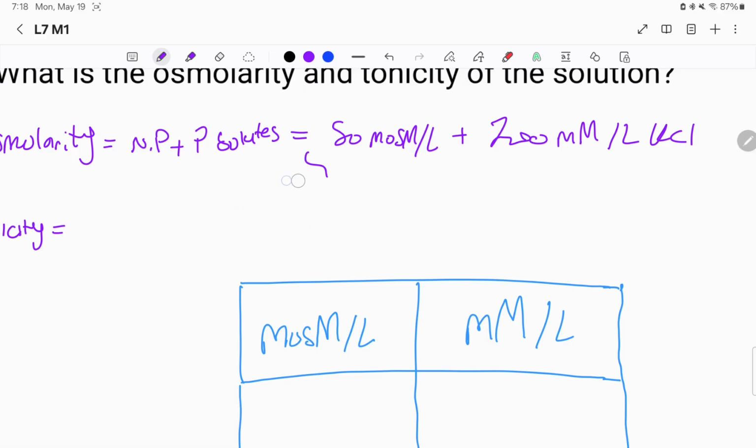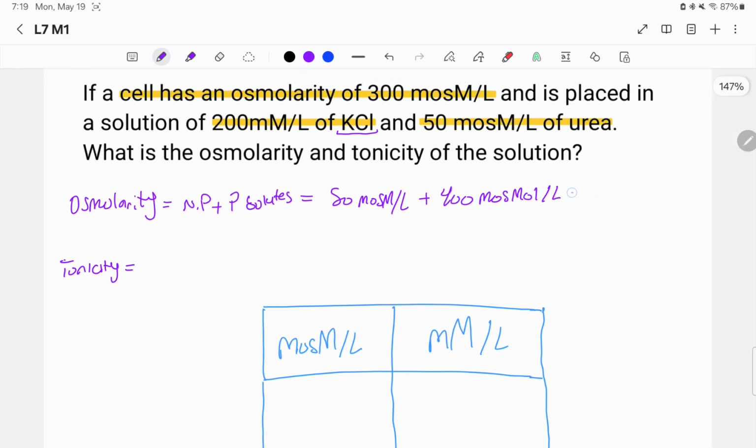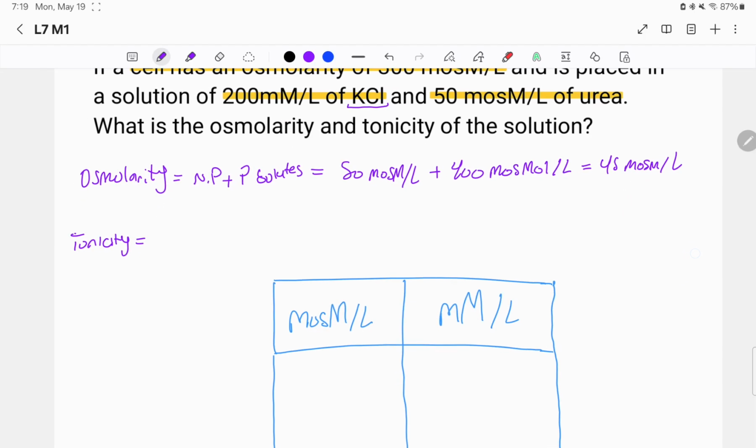So what do I do? I take their concentration, 200 millimoles per liter, and I multiply it by 2, which gets me 400 milliosmoles per liter of potassium chloride. That means that my osmolarity is 450 milliosmoles per liter. Okay. Great.